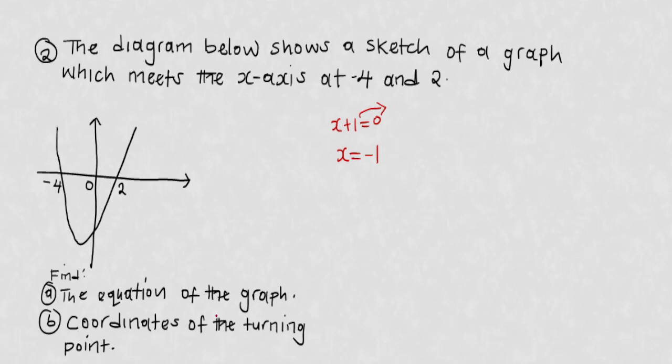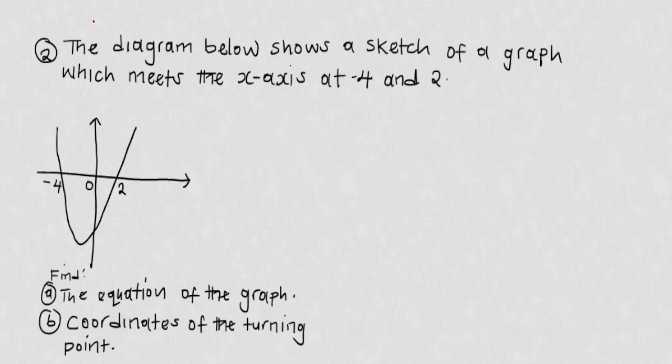So this simply means I can take back x is equal to negative 1 in the x plus 1 form. So if the answer you found is a negative, it's going to be positive if you bring it in this form. If the answer you find is a positive, it is going to be negative if you bring it in that form. Now we are going to understand what I mean shortly.